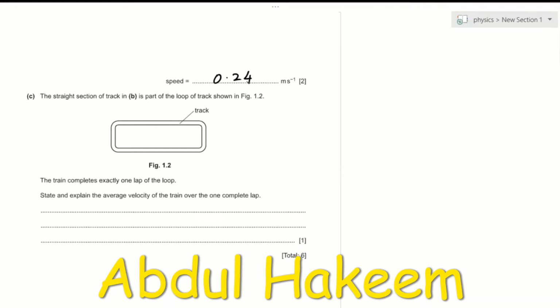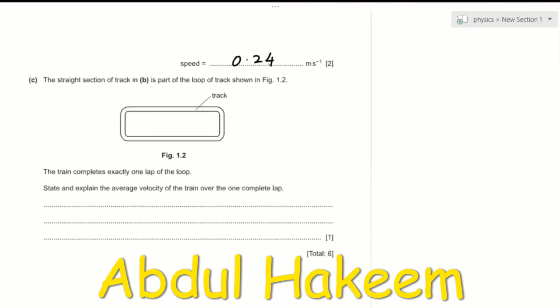Next, the straight section of the track in B is part of the loop of the track shown in Figure 1.2. So this is the track. It's a closed loop. The train completes exactly 1 lap of the loop. State and explain the average velocity of the train over one complete lap.